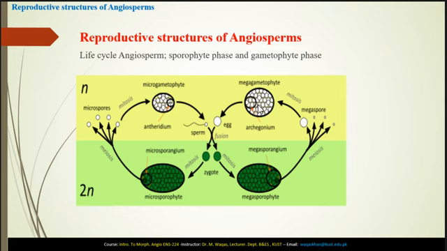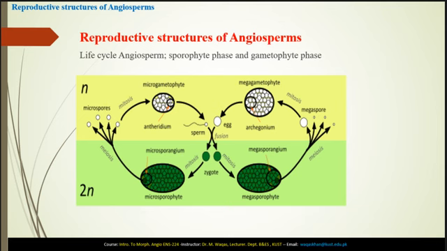Likewise, what is the gametophyte? The gametophyte arises when the cells of the sporophyte undergo meiosis, as you can see in this figure, and produce reproductive cells.